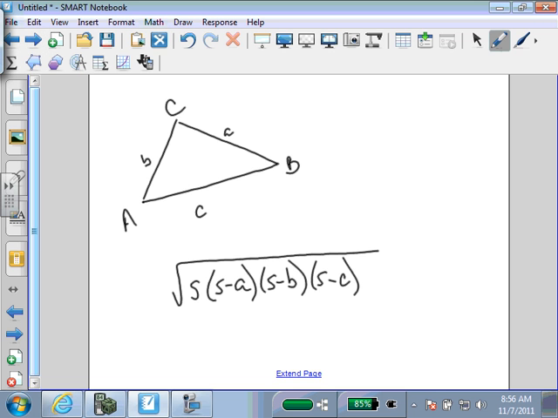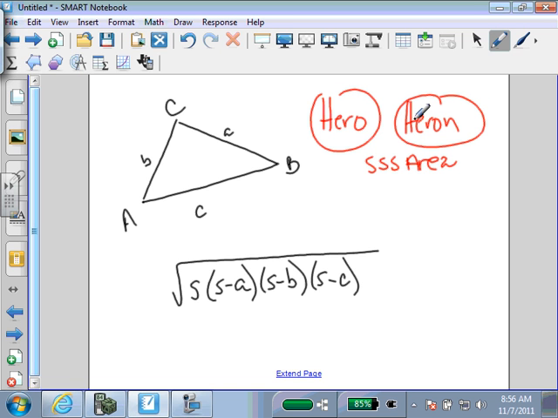The other formula that we're going to talk about is sometimes called Hero's formula or Heron's formula. I think it should be called the side, side, side area formula because that's what you know when you use it. This is the name of the person who discovered it, and I think there's some confusion about what his name actually was.